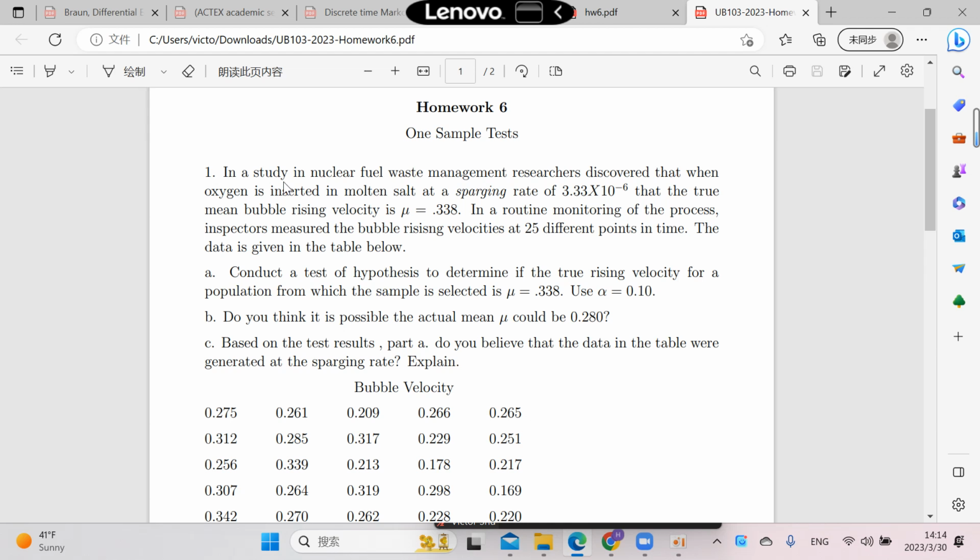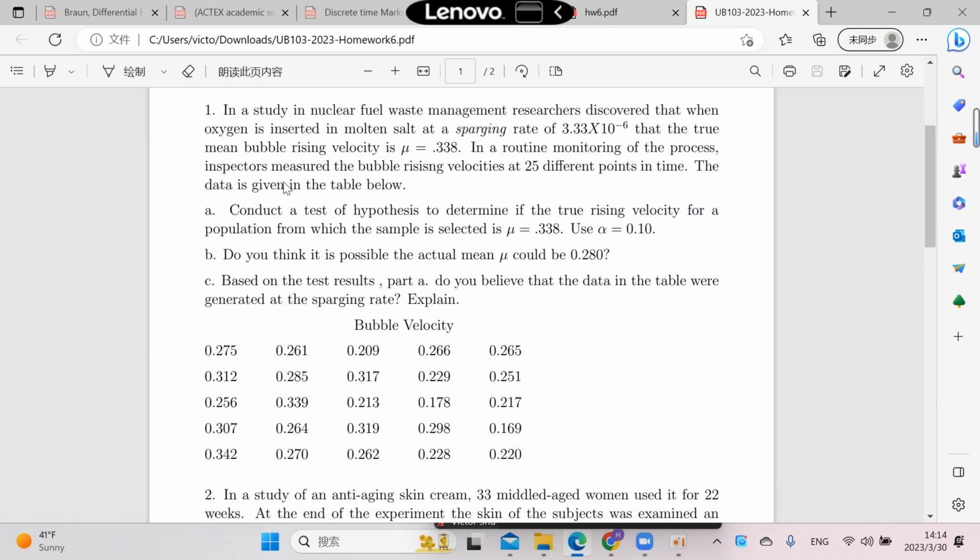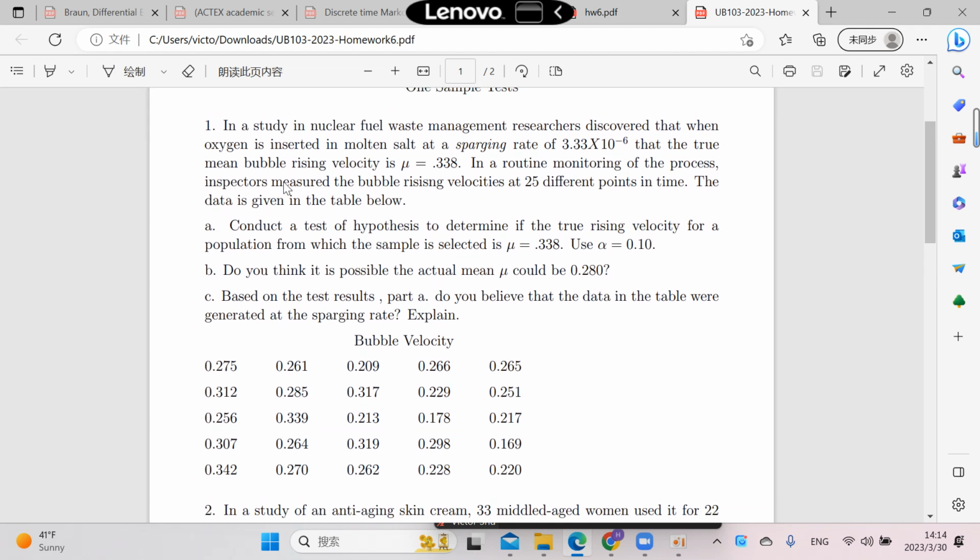So you can go to your table, find your t critical value and compare that with your calculated t. In this case, I believe your calculated t is much larger than the t critical value, which means you're going to reject the null hypothesis.